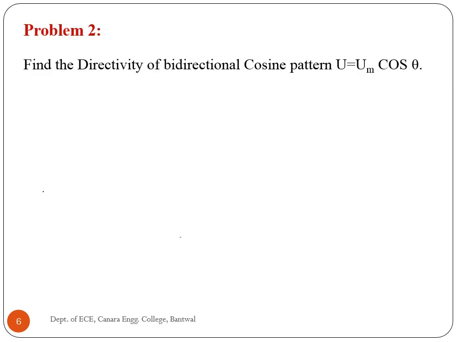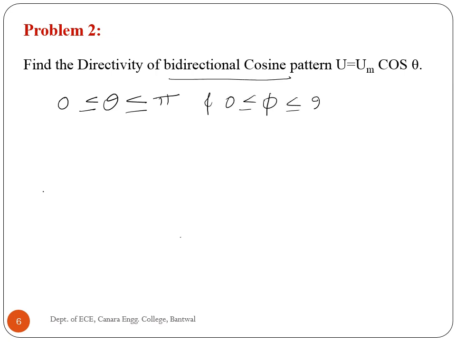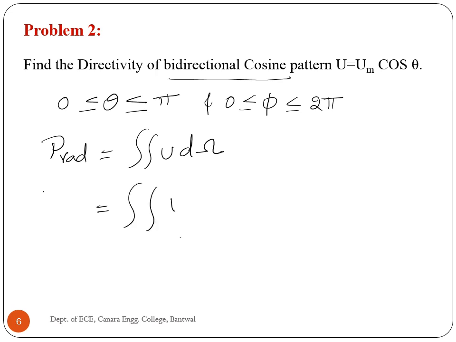Find the directivity of the bidirectional cosine pattern. The bidirectional cosine pattern indicates that theta is between 0 and pi and phi is between 0 and 2 pi. So the exact directivity: radiated power is equal to the integral of U d omega, which is the integral of Um cos theta sin theta d theta d phi.